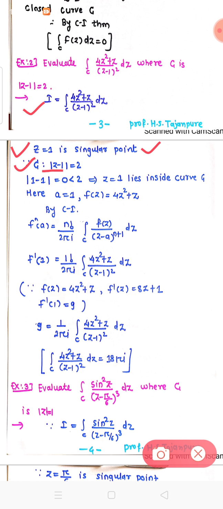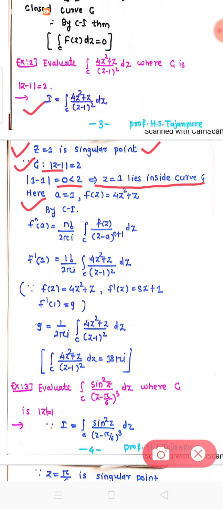So left hand side is 1 minus 1, that equals 0. And as it is strictly less than the right hand side, this implies z equal to 1 lies inside the curve C. So whatever point lies inside the curve C, we denote by a. Therefore a equals 1.